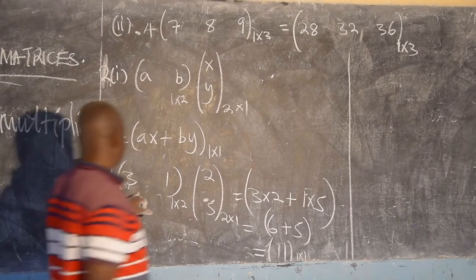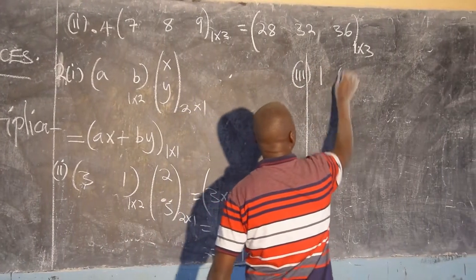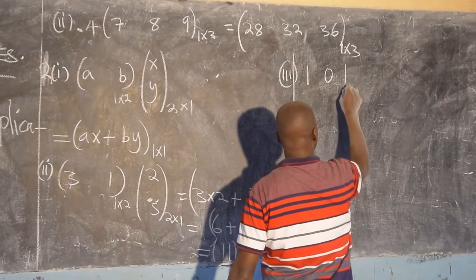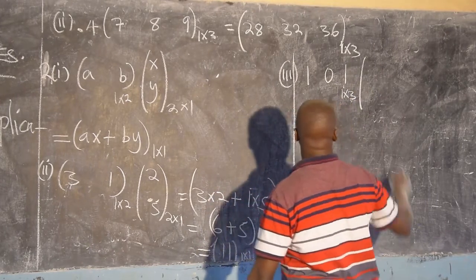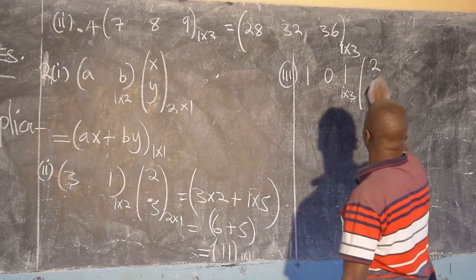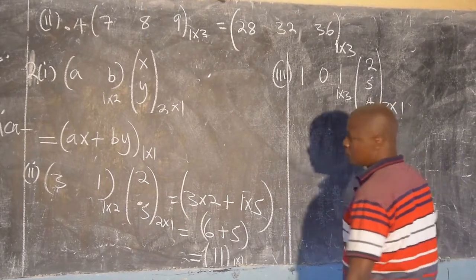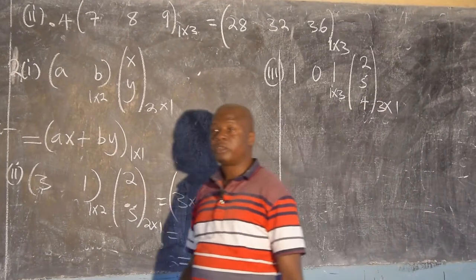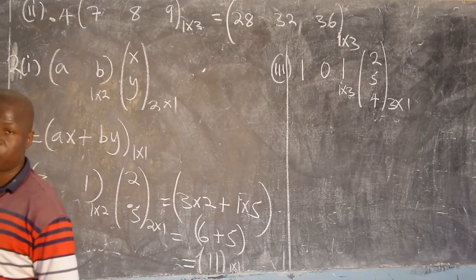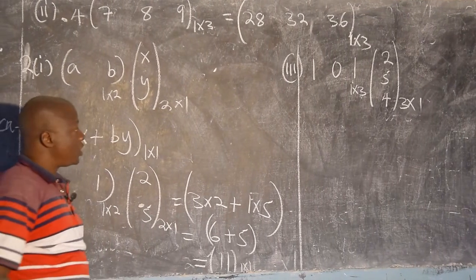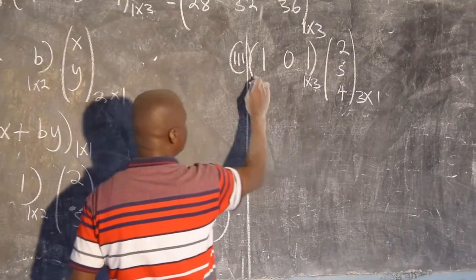Let us have this one also. Number 3. We have 1, 0, 1. This is a 1 by 3 times 2, 5, 4. This is a 3 by 1. We are dealing with the multiplication of matrix, of which we always multiply a row by column.